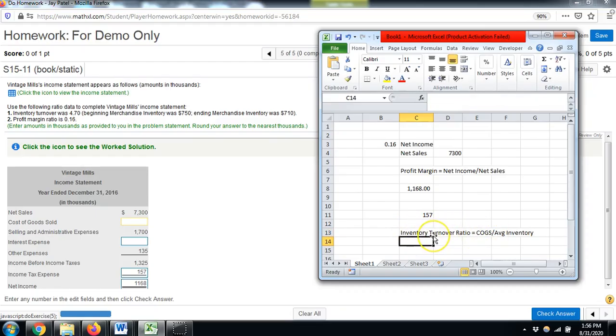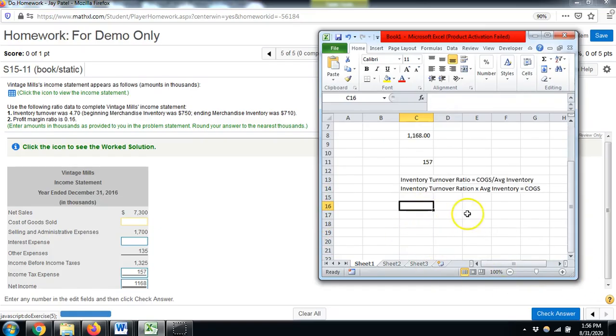So this is the same thing as inventory turnover, so these two are equivalent equations. So now let's fill in the blanks.